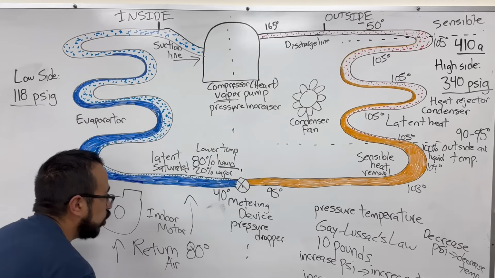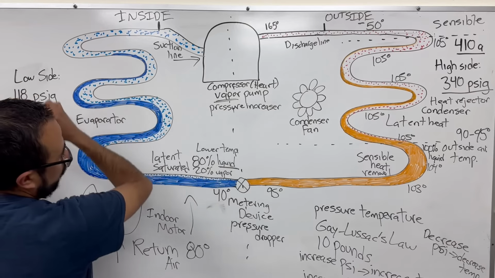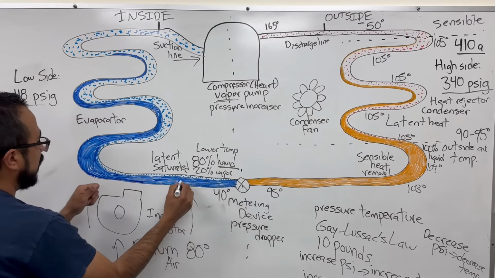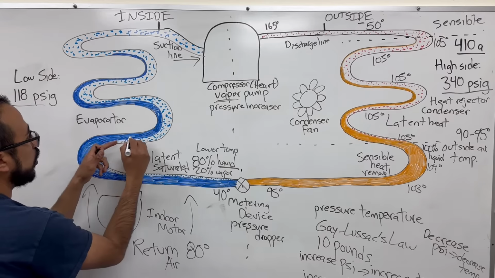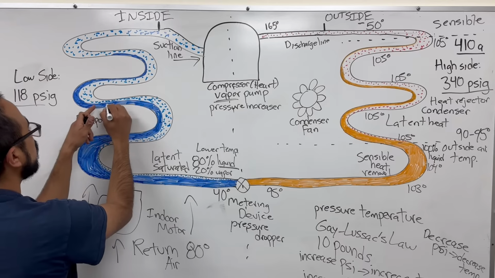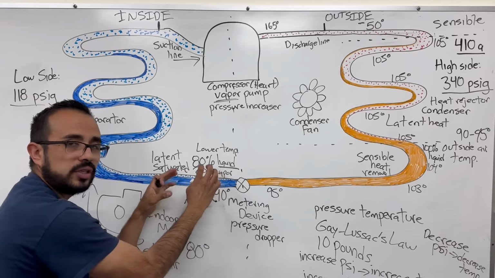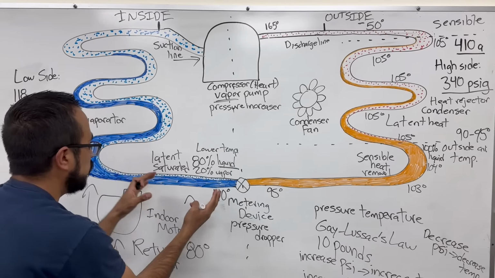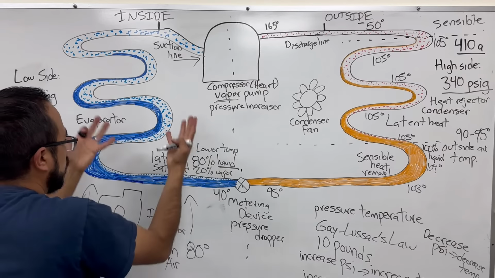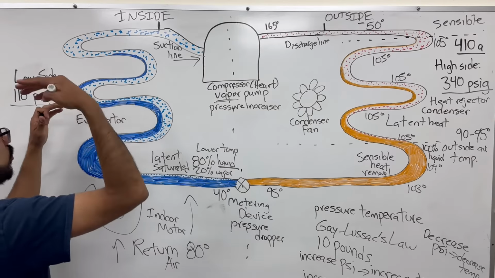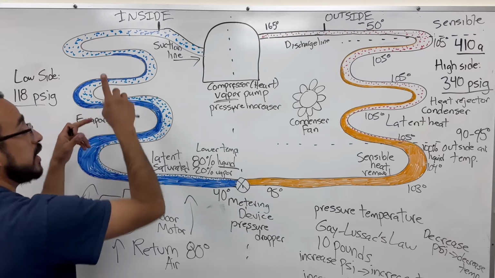So as you have this return air going through this coil, look at this: you have less liquid as you go through the coil and you're having more vapor molecules. That is why the liquid is what does the cooling. It's important we have a good portion of liquid here. So return air going through it, boiling off, getting rid of all that liquid. You're having more vapor molecules, but guess what?